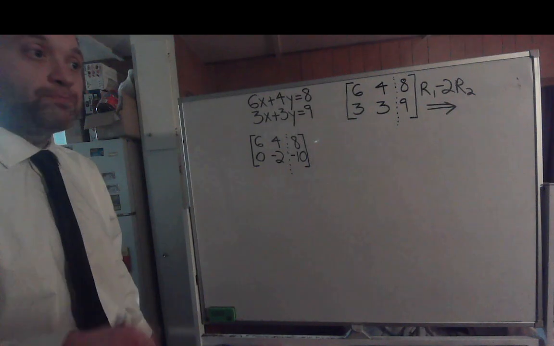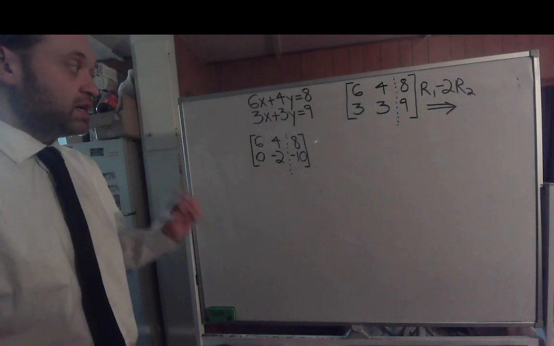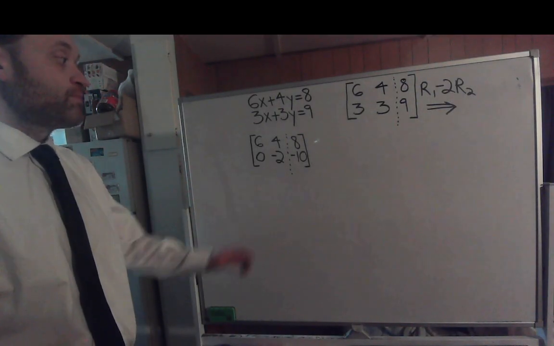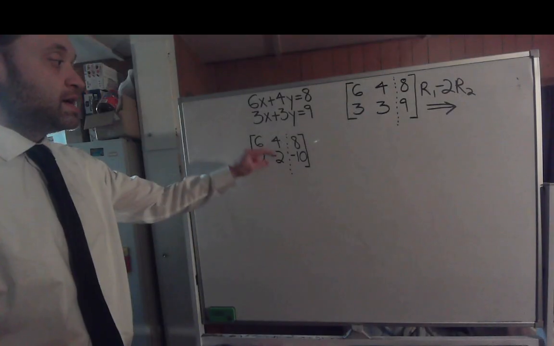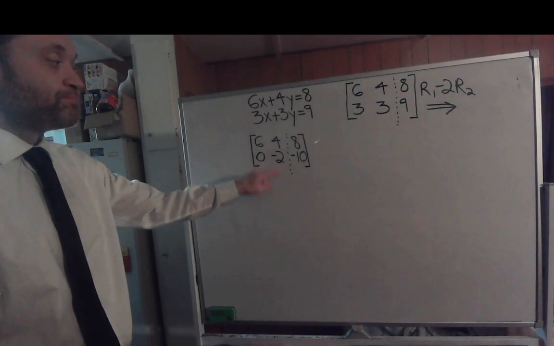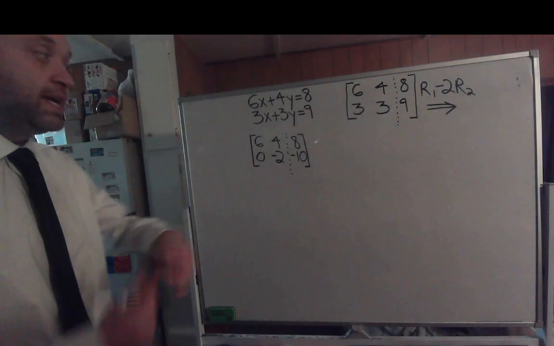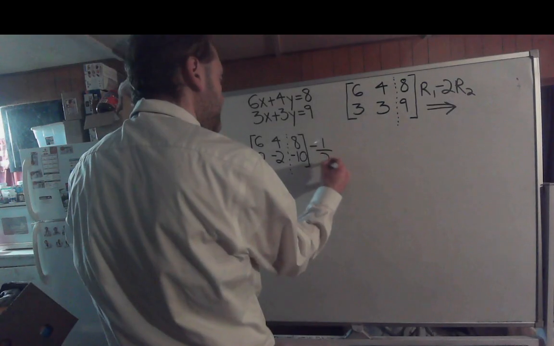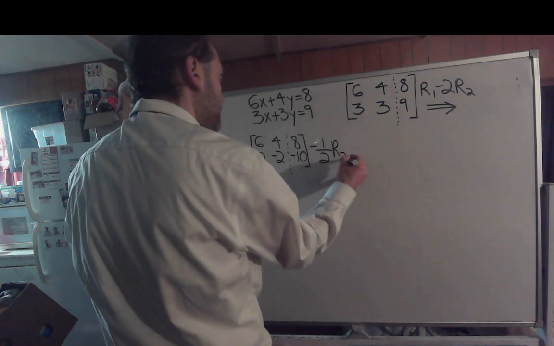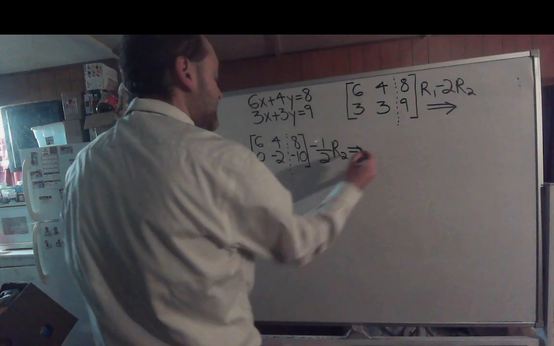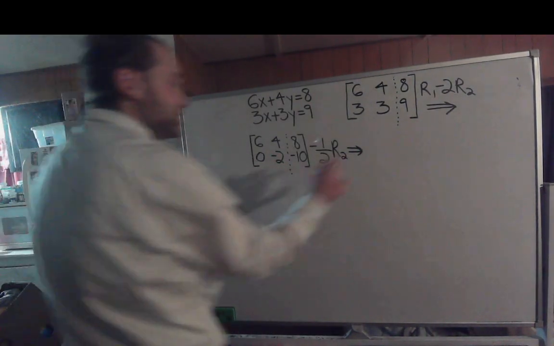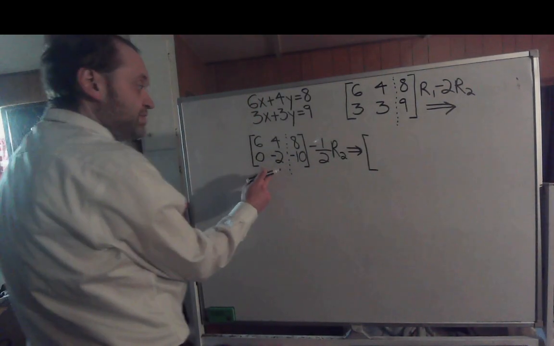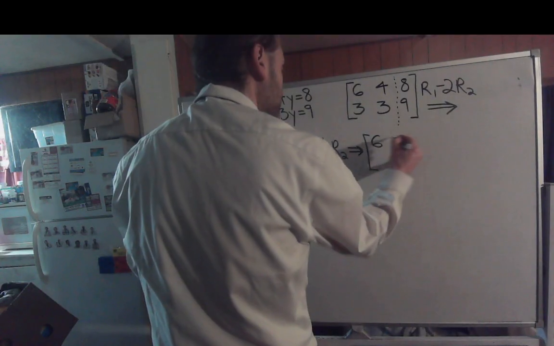Why is that? That's because we need to go ahead and take the second row and divide that by negative 2. So if I take negative 1/2 times row 2, that'll get a leading 1 in the second row, okay? Row 1 gets left alone for now.